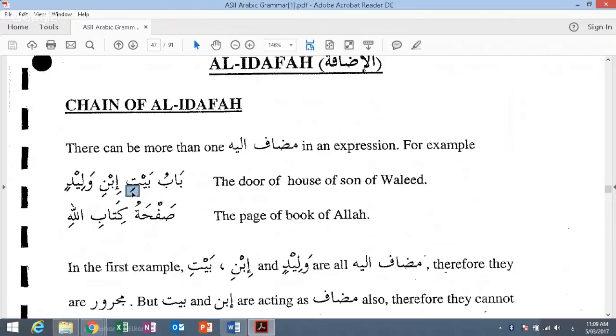Even though this is mudaf ilayh, because this is mudaf for the next one, if you remember the ruling that mudaf can carry all 3 i'rab. So here, which i'rab is going to carry here? The kasra. Because mudaf ilayh is always majroor, that's why it carries the kasra.